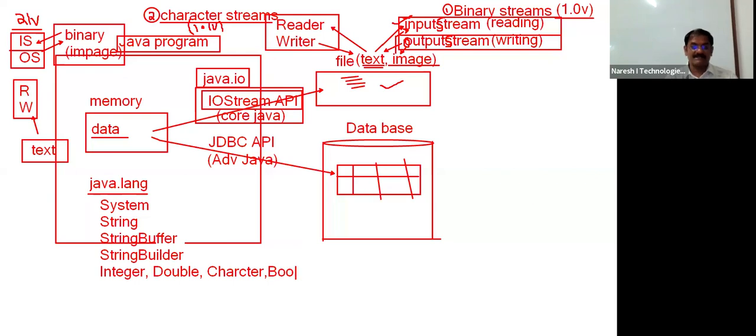All these wrapper classes are available in the java.lang package. Thread class, ThreadGroup class, Runnable, all these are also available in java.lang, and then what? Object. All these are available in which package?